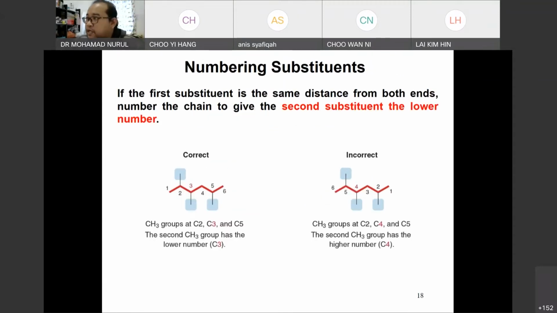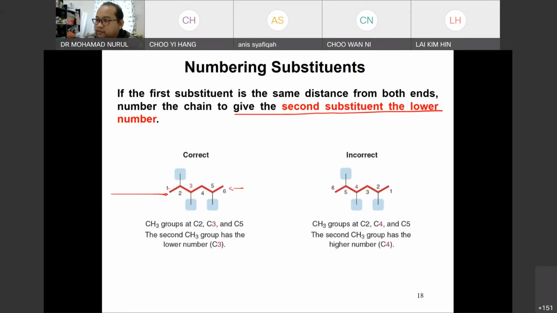If the first substituents are the same distance from both ends, find the second substituent at the lower number. This is another example. We have 6 carbons here, and two possibilities for numbering the substituents, from this side and from this side.